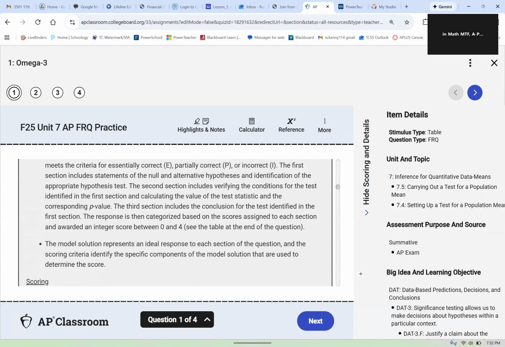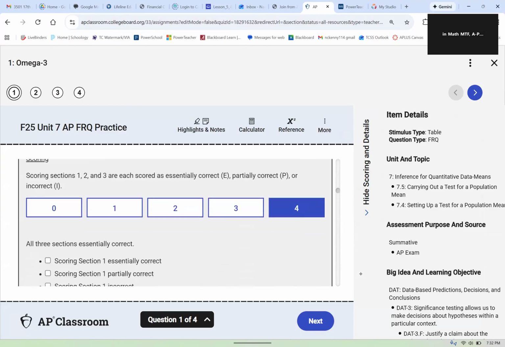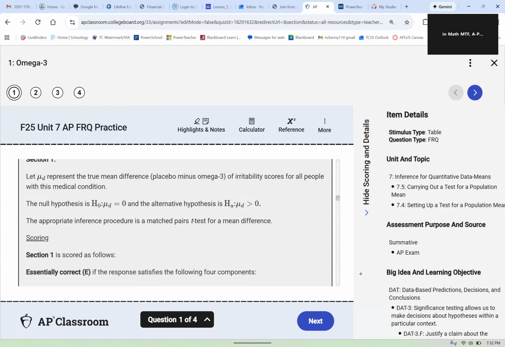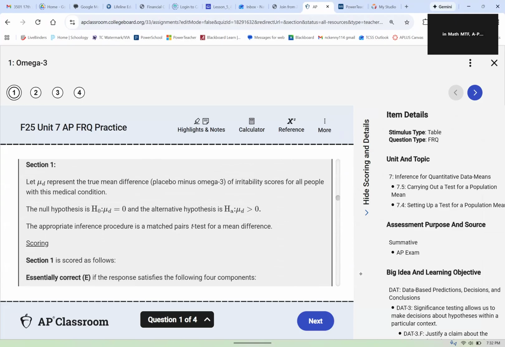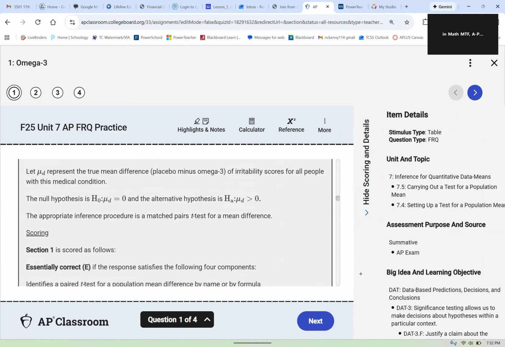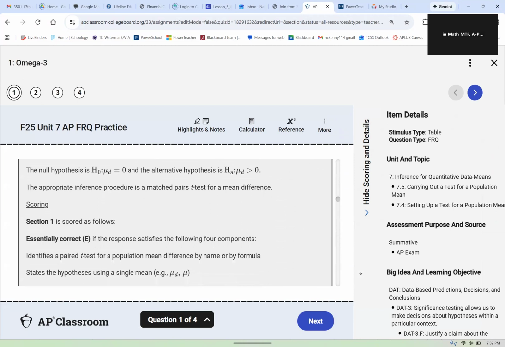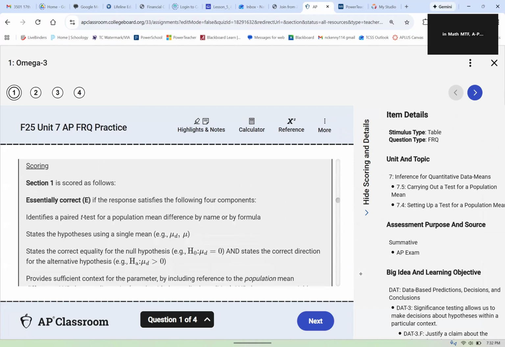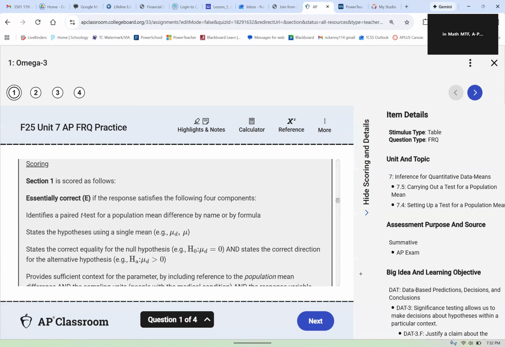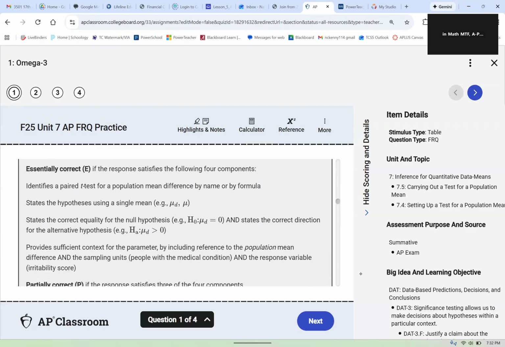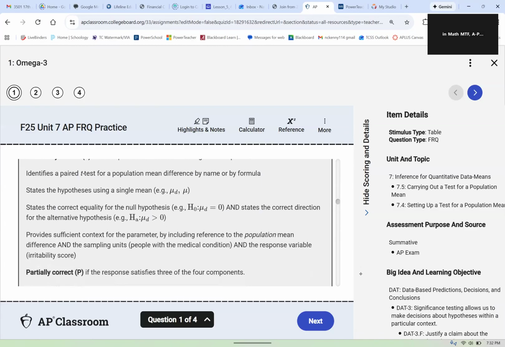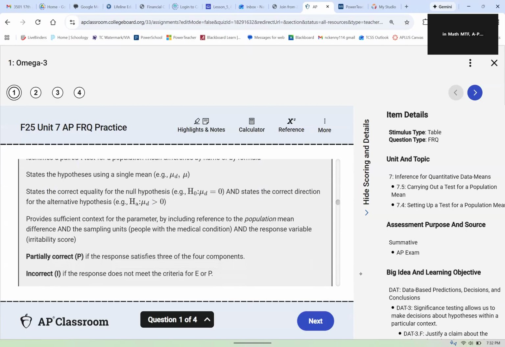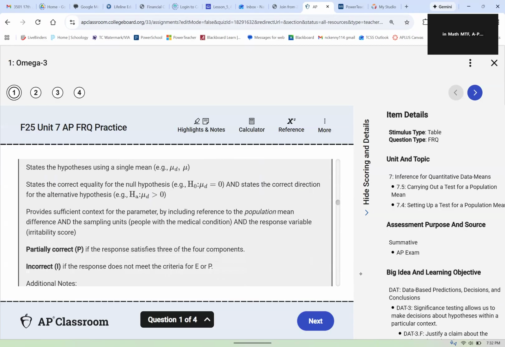All right, so 3 sections. Let's just get through. True mean difference of irritability scores for all people with this medical condition. T-test for a mean difference. So paired T-test for population mean difference by name or by formula. Single mean states the correct equality greater than 0. Okay.